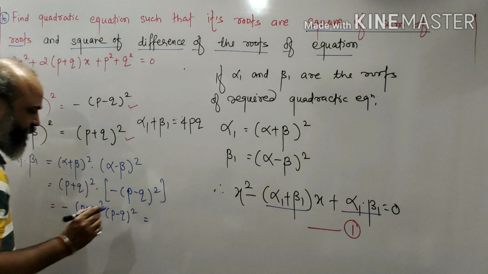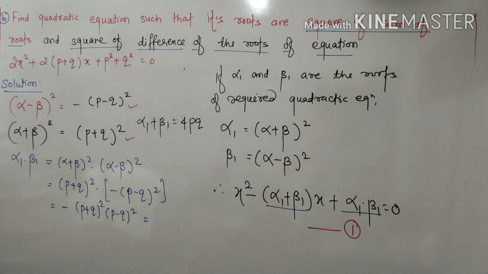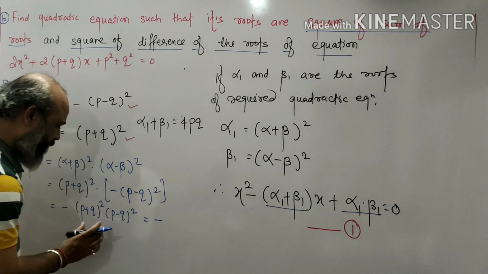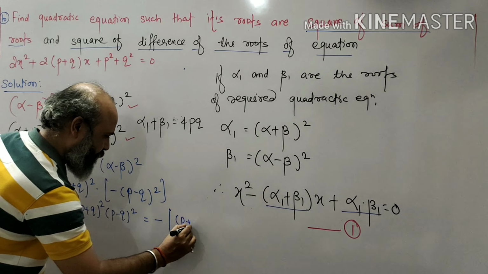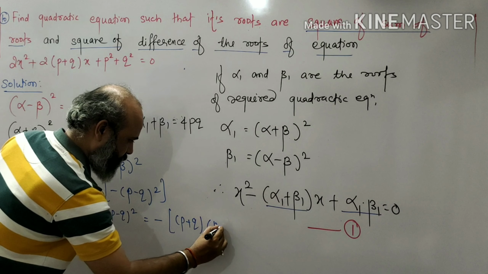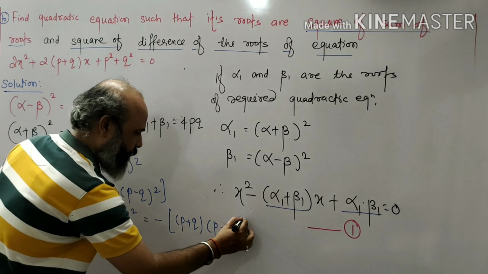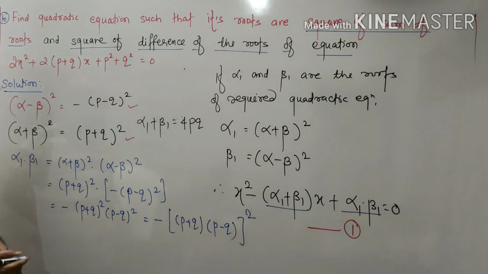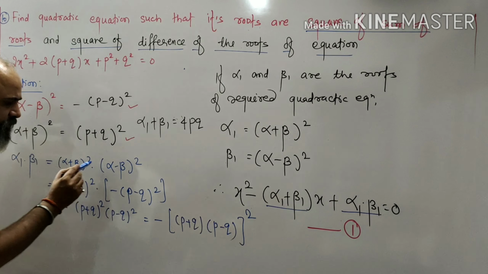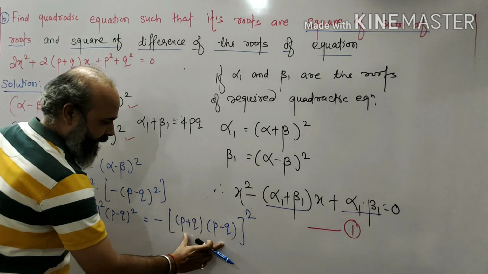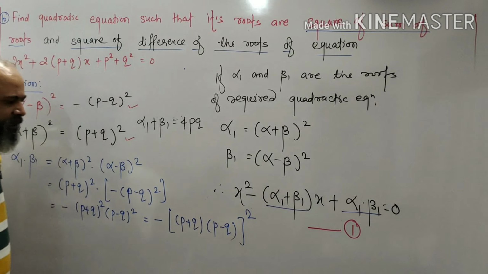So you will write, student, minus. Both are squares, so I will write like this: P plus Q into P minus Q, bracket complete and square. Okay student, because this is P plus Q the whole square, this is P minus Q the whole square. So when we take them together, we make the square like this.